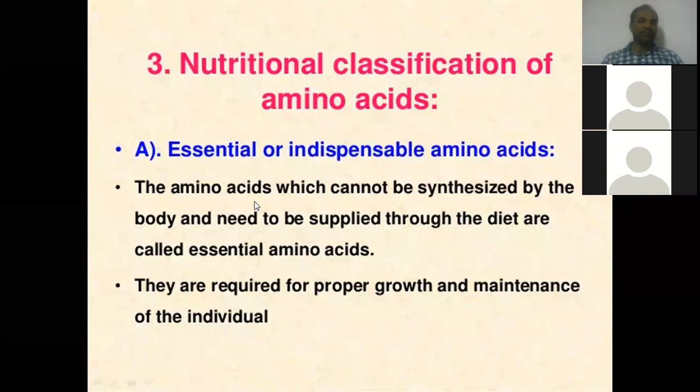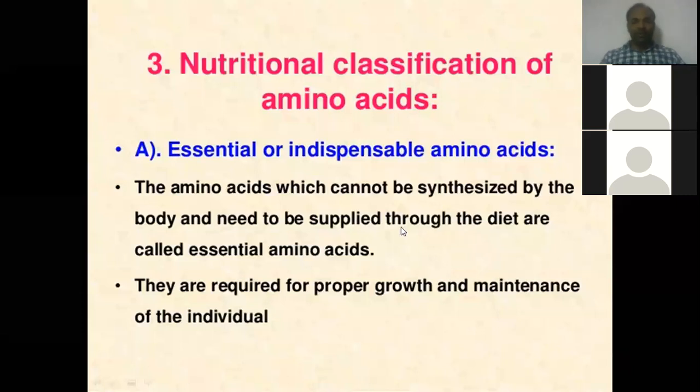Essential amino acids हम किसे कहेंगे? ये ऐसे amino acids होते हैं कि जो हमारे body में synthesize नहीं हो सकते, लेकिन इनकी जरूरत होती है for the normal growth and development के लिए. ठीक है. So the amino acids which cannot be synthesized by the body, ठीक है, हमारे बॉडी के अंदर ये अमीनो एसिड सिंथेसाइज नहीं हो सकते, and need to be supplied through the diet. हम जो खाना खाएंगे उस खाने में से हमें ये अमीनो एसिड्स मिलने चाहिए.